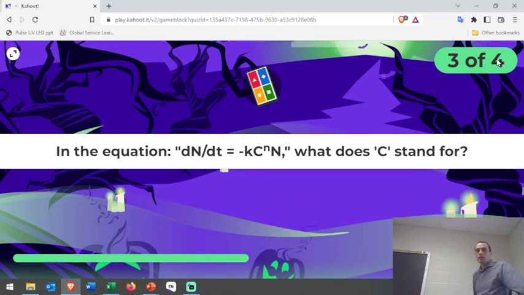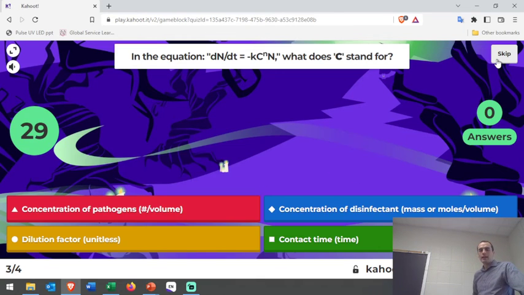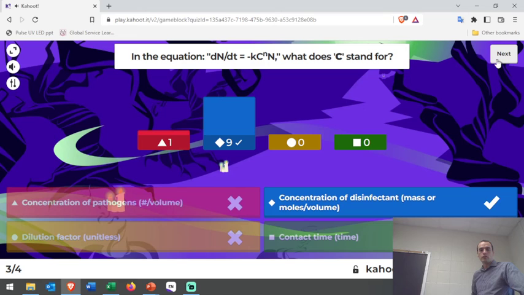Okay, in the equation dN/dt equals negative k C to the n times N, what does the C stand for? Is it the concentration of pathogens, concentration of disinfectant, dilution factor, or contact time? Okay, so somebody's just hitting the red button. The N would be the concentration of the pathogens. And it does get tricky. In my bigger class, there's inevitably someone who hits the wrong button and is like, oops.